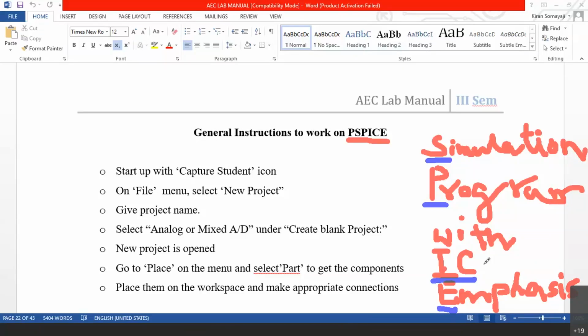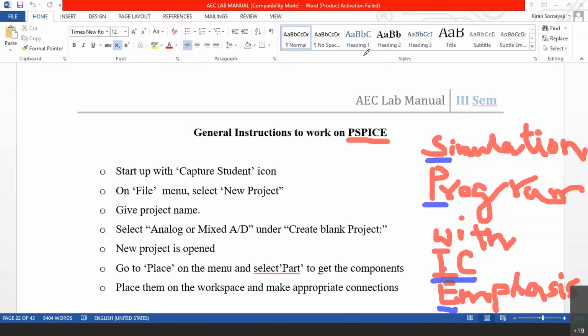Is it so easy? No. That is why this program is with IC emphasis, with the integrated circuit emphasis, means whatever circuits are going to be manufactured by means of integrated circuit technology, all those circuits can be simulated using PSpice. That is the idea.